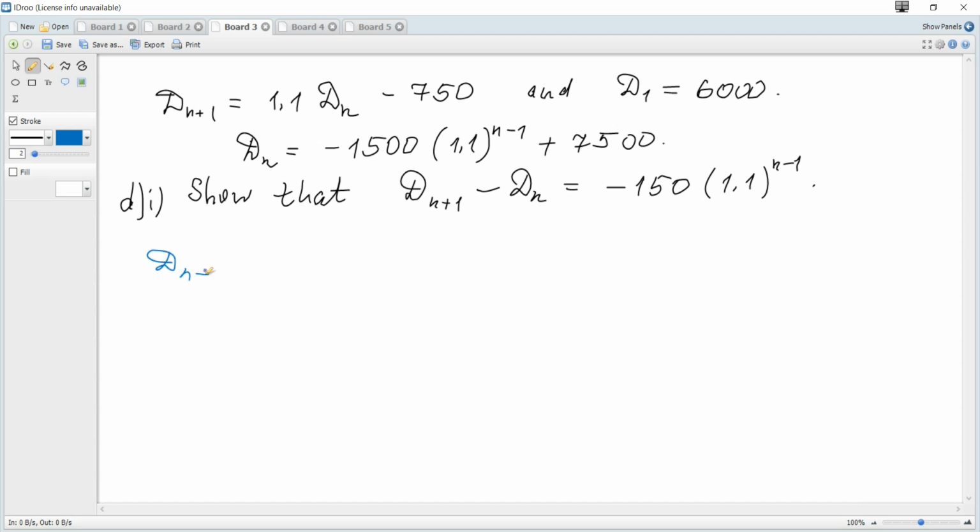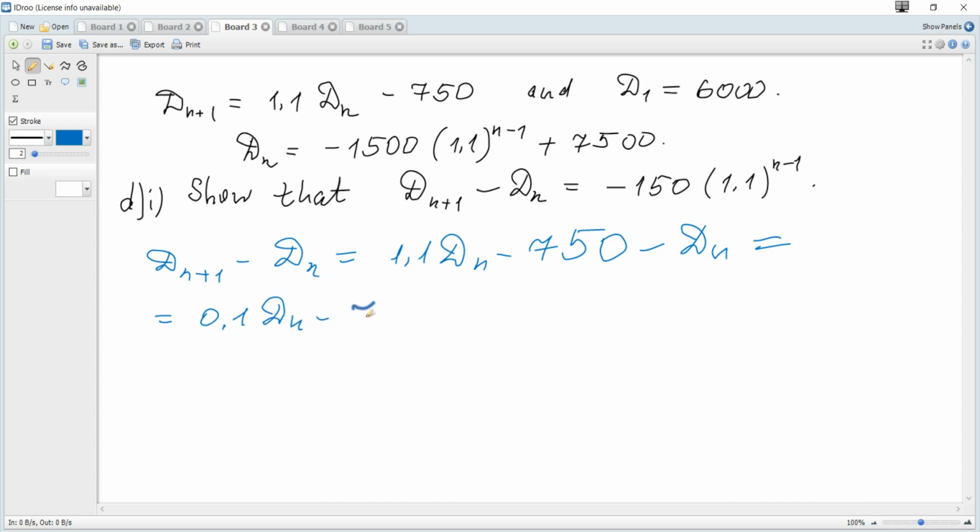So Dn plus 1, what is this in terms of Dn, so it's 1.1 Dn minus 750. Actually we consider Dn plus 1 minus Dn, and Dn plus 1 is this 1.1 Dn minus 750 minus Dn, and you can see that it's just 0.1 Dn minus 750, and what is Dn? It's this.